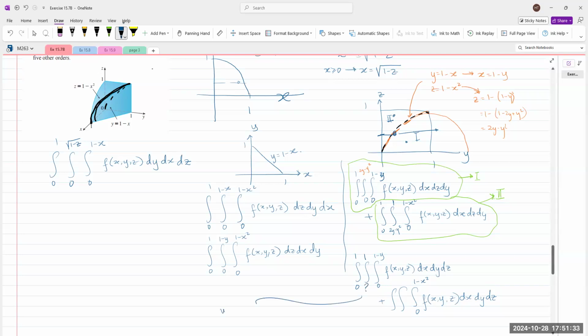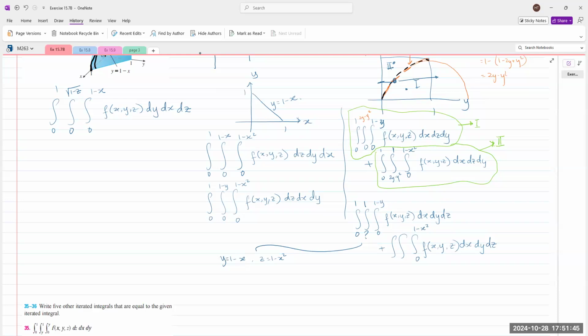That's the intersection of y equals 1 minus x and z equals 1 minus x squared. But I need to rewrite that as y as a function of z. So x squared equals 1 minus z. I take the positive branch, is it right? So I get y equals 1 minus the square root of 1 minus z. Is it the positive branch?